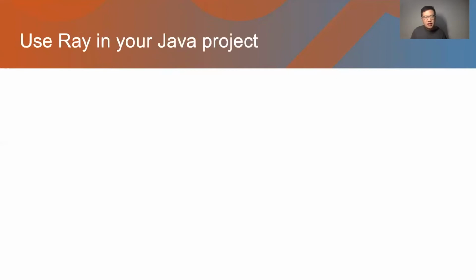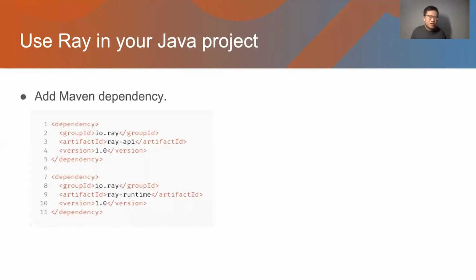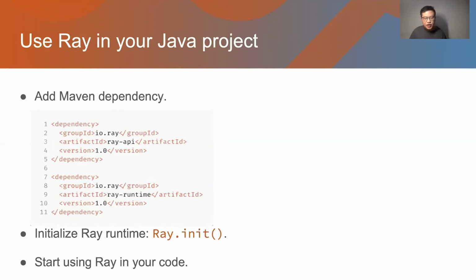And lastly, let's see how to use Ray in your Java projects. It's very simple. First, we add this Maven dependency in your pom.xml file, and then we use the Ray.init API to initialize the Ray runtime in your process. And after that, you can start using Ray in your code.